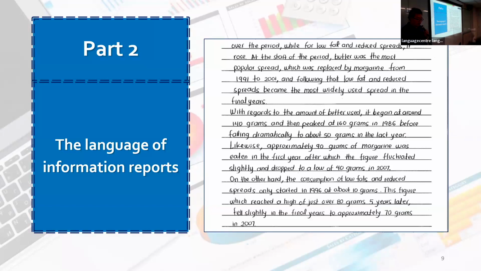So if you don't have any questions about the basic information about IELTS Writing Task 1, then I'll move on to talk more about the language that you need to demonstrate to your examiners.